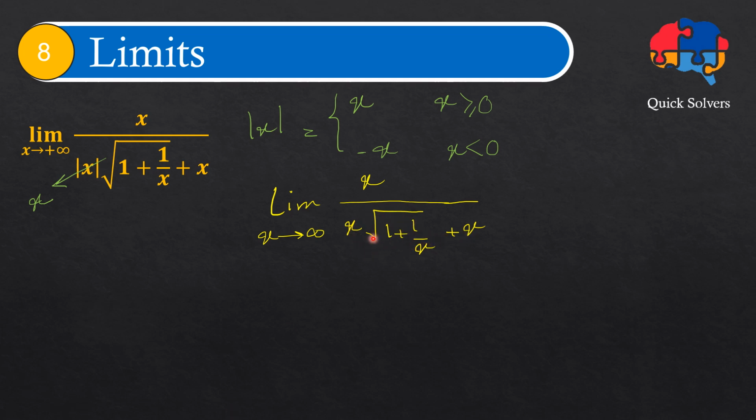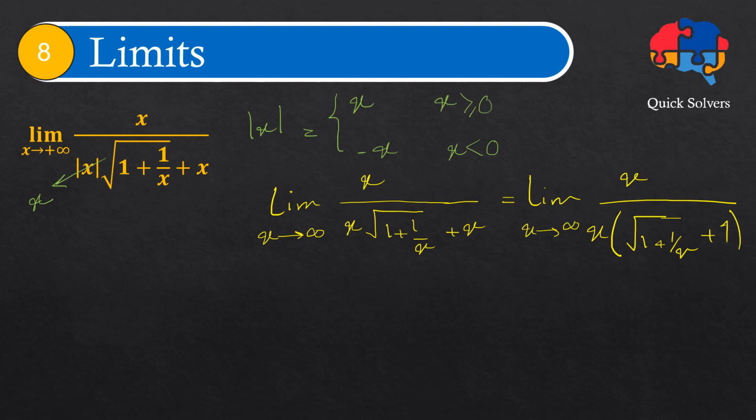The first term has a factor of x, the second term has also a factor of x. That means I can factor x from both and rewrite this limit as limit of x over x times square root of 1 plus 1 over x plus 1, where x approaches infinity.